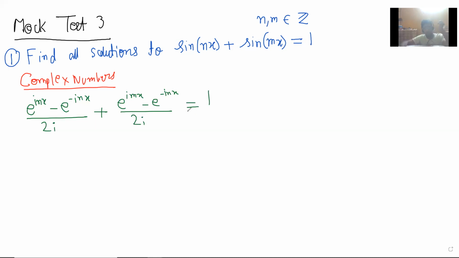Then I tried to use the binomial theorem. Actually, I have derived the formula for sine of nx and sine of mx where n is an integer. I have derived it like a series, in terms of sin x.